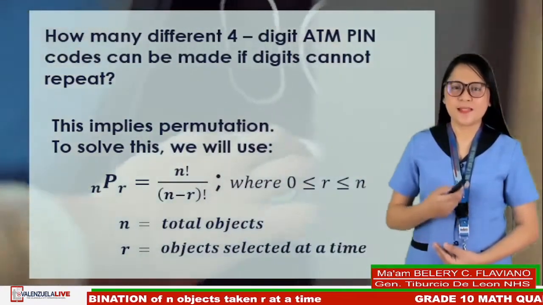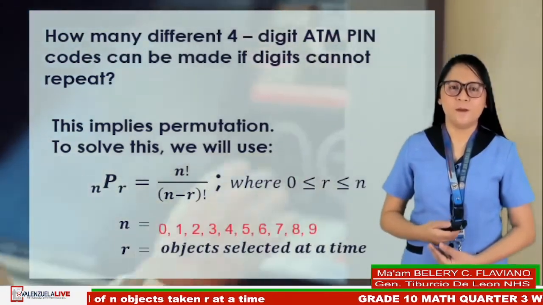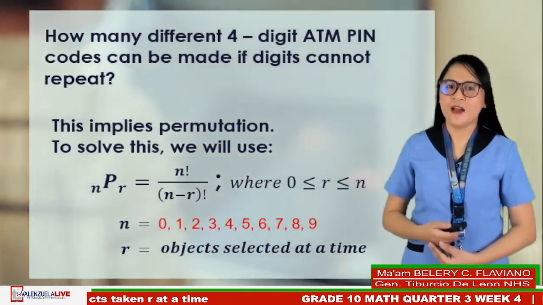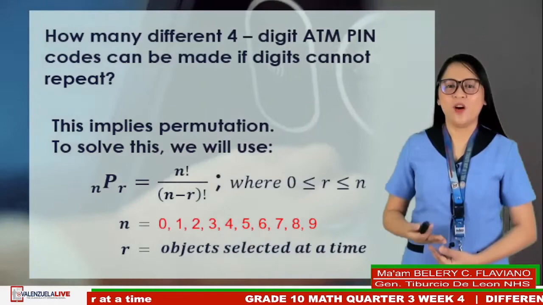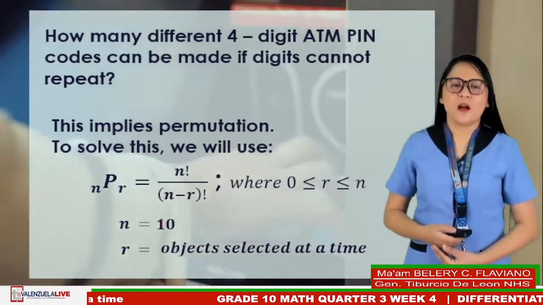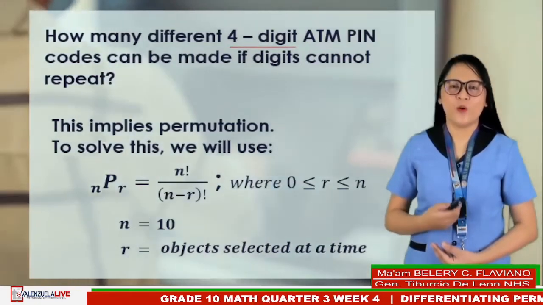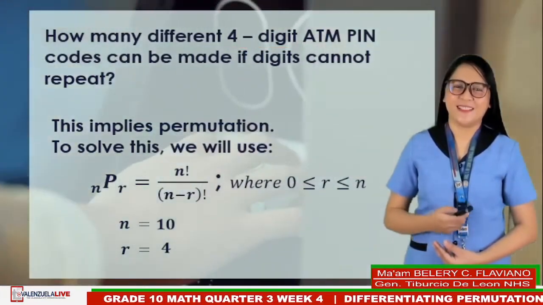So let us determine our n. The numbers on the numpad are 0, 1, 2, 3, 4, 5, 6, 7, 8, and 9. So all in all, we have 10 digits. For the objects selected at a time, we have 4 digits. So r is equal to 4. Let's proceed.